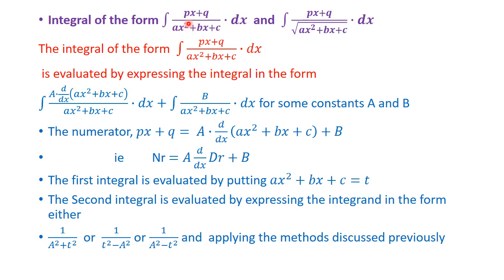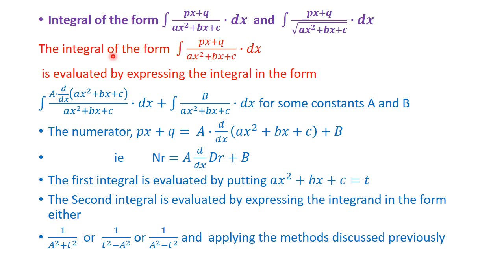Remember that the power of the numerator is less than the power of the denominator, and here px plus q and also the root of ax square plus bx plus c into dx. This is a linear form and this is a quadratic form. If such a type of integral occurs, then what do we have to do?